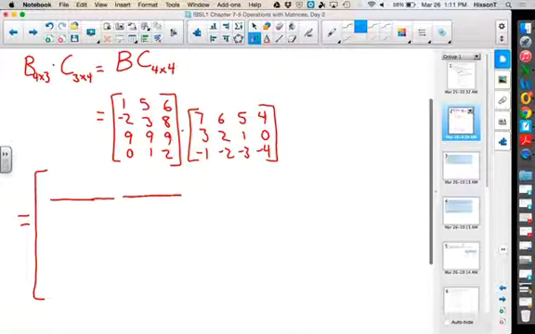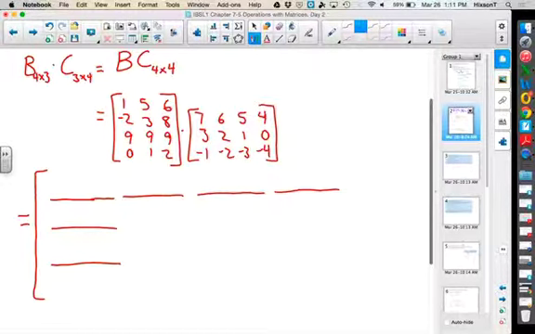Okay? And I'm actually going to put blanks in for all the spaces. You don't need to do this, but at least when you're starting out it might be helpful so you don't forget something. So there's 4 columns and there's 4 rows in each column.